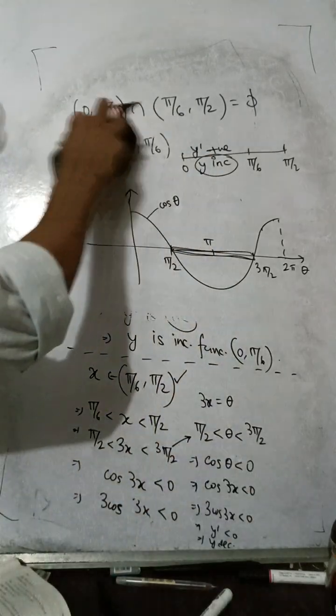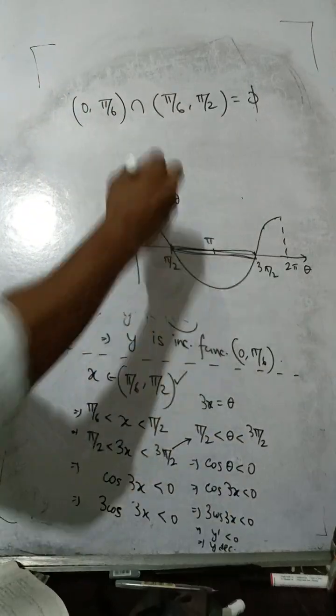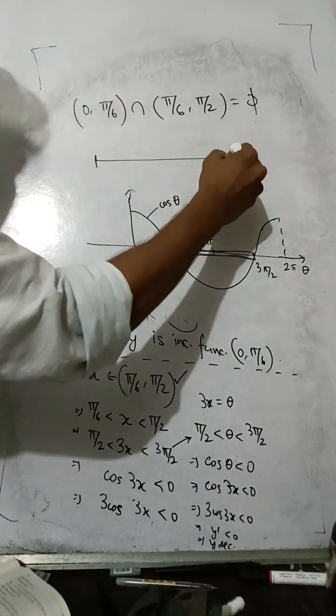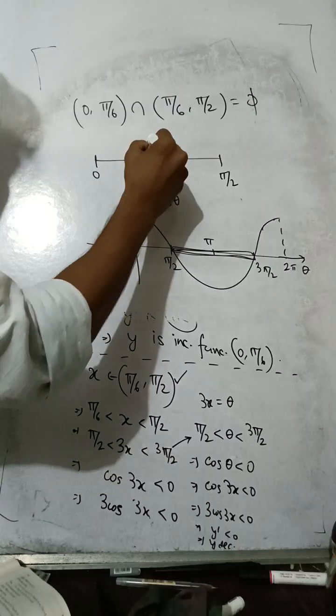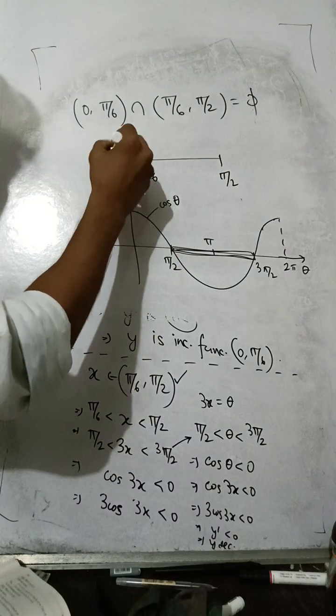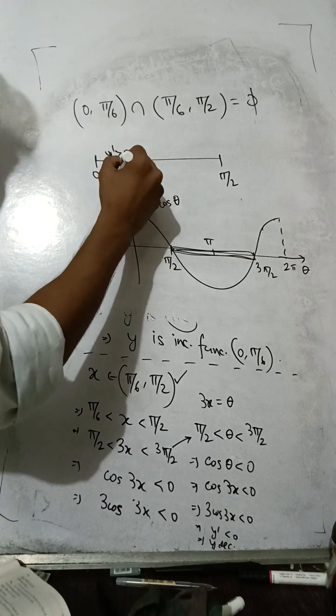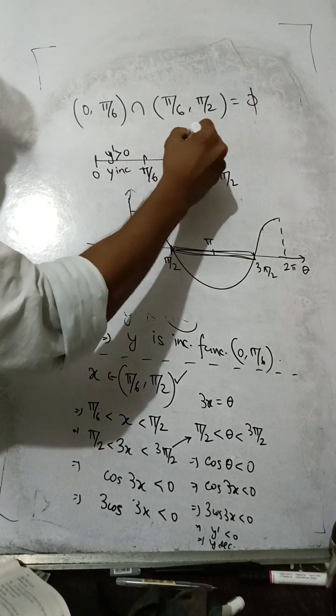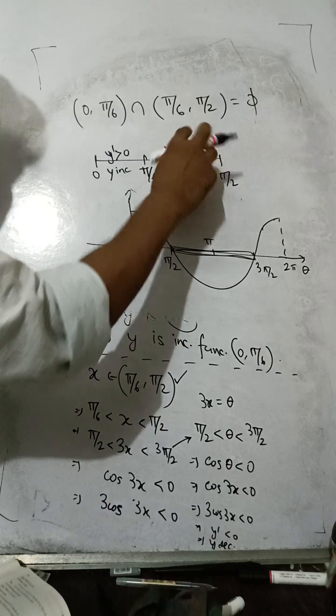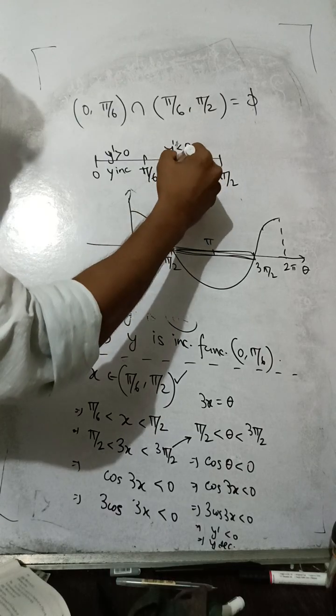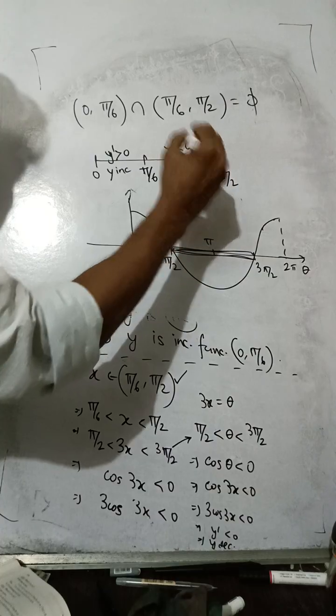So finally we can say that this is 0, this is pi by 2, and here we have pi by 6. Here y dash was positive, so y is increasing, and here y dash was negative, so y is decreasing.